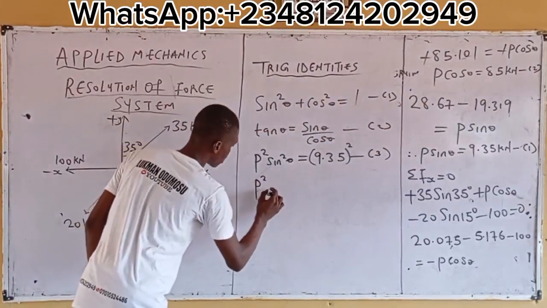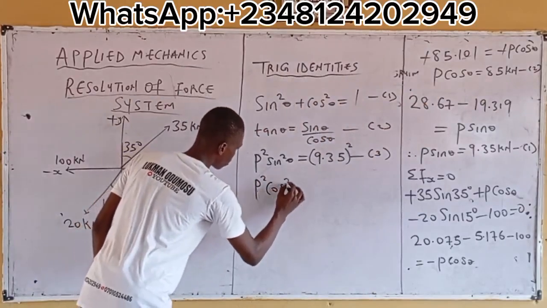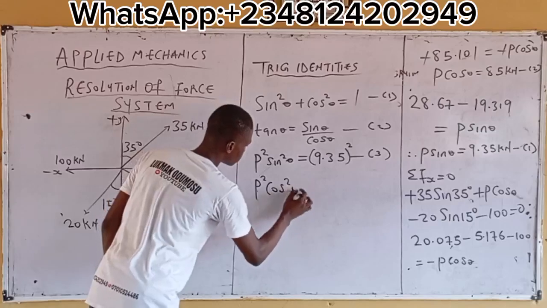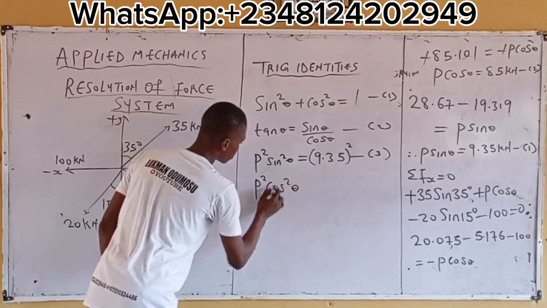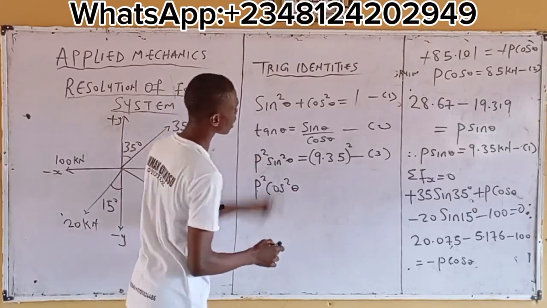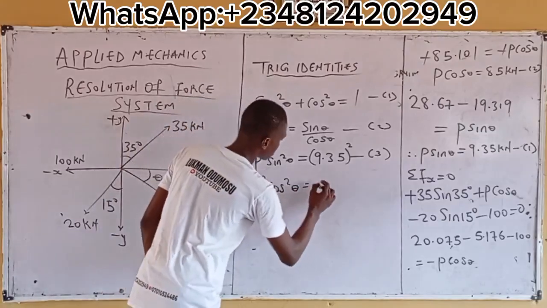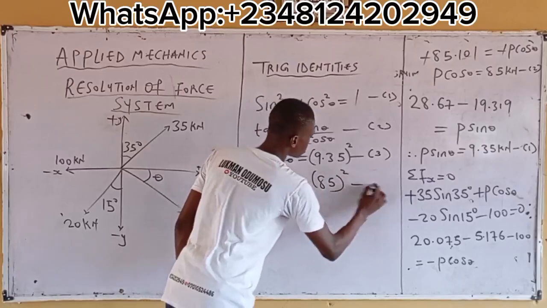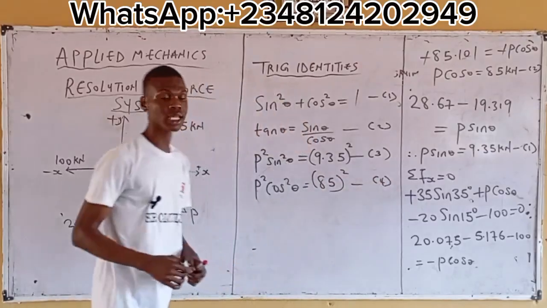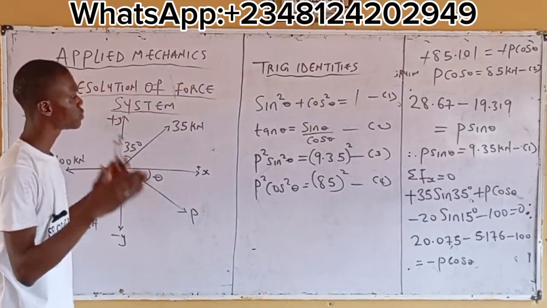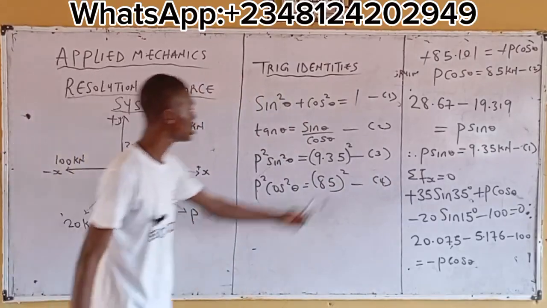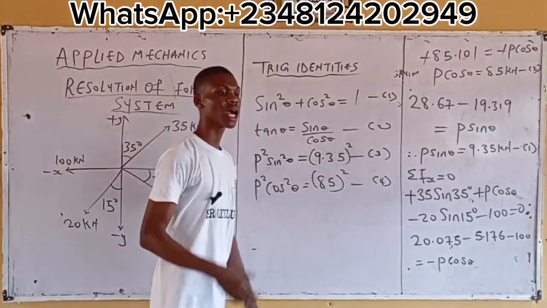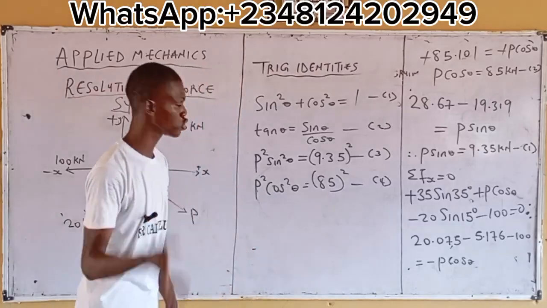P square cos square theta is equal to what? 85 squared. Call this equation 4. Now the next step is add equation 3 and equation 4.